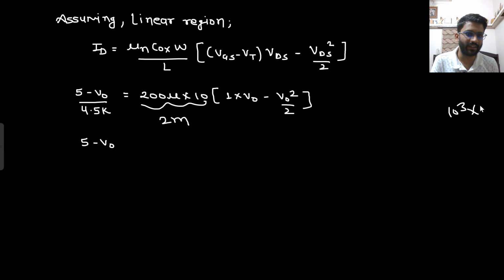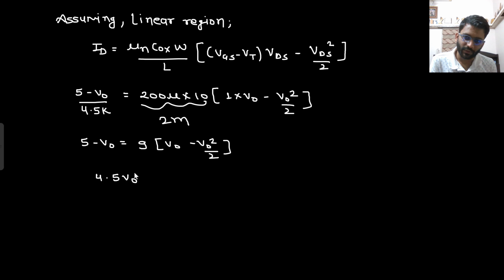K is 10 to the power 3, milli is 10 to the power minus 3, so they will make 1 only. So that will be cancelled, and I will take that advantage. So 5 minus V naught, 4.5K into 2 milli, basically it will be 9, times V naught minus V naught square by 2, right? So this equation we can solve.